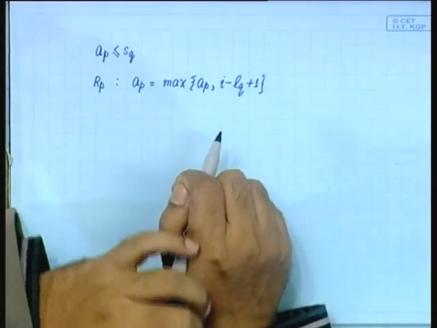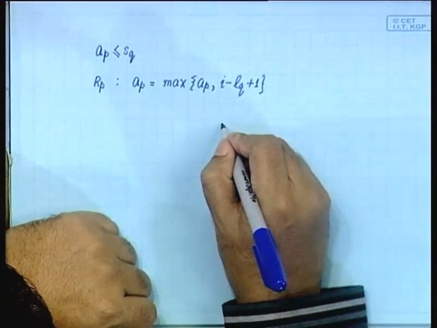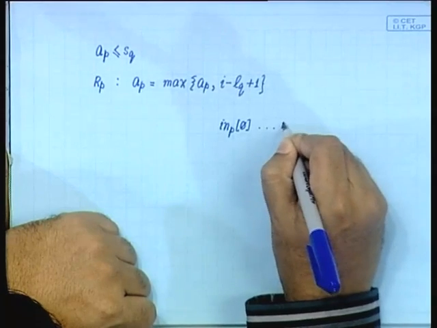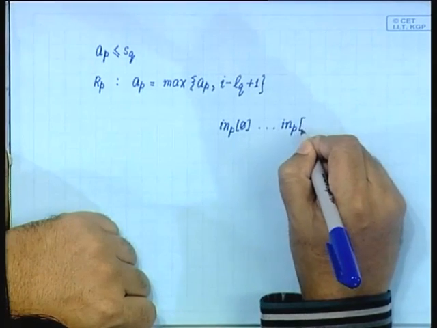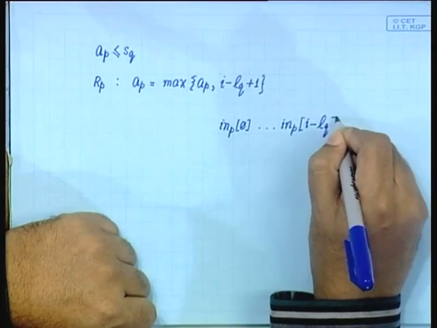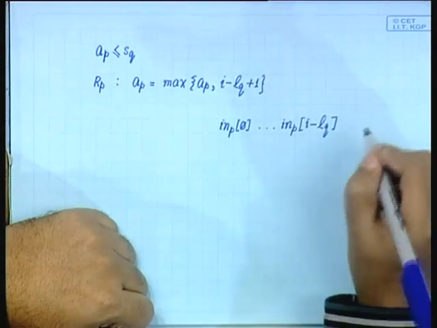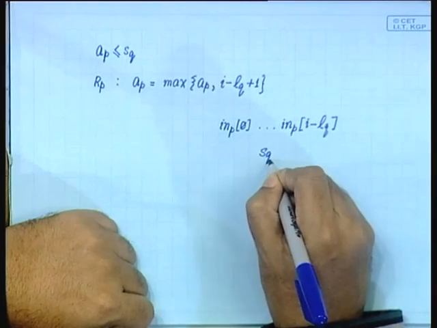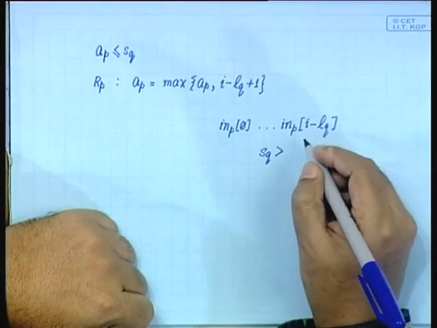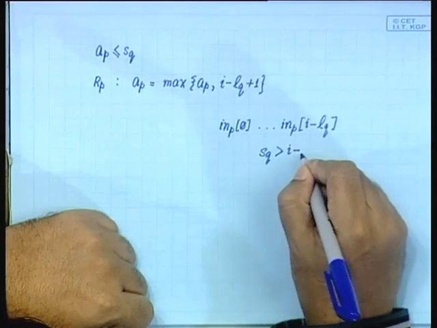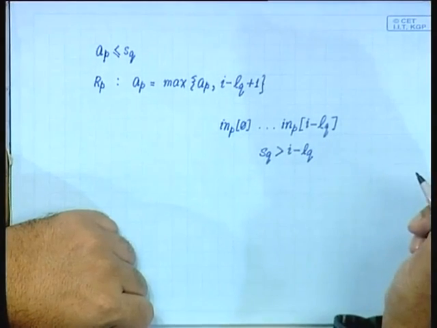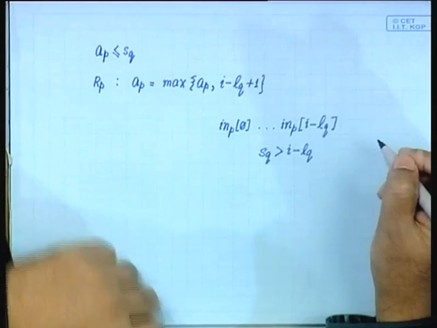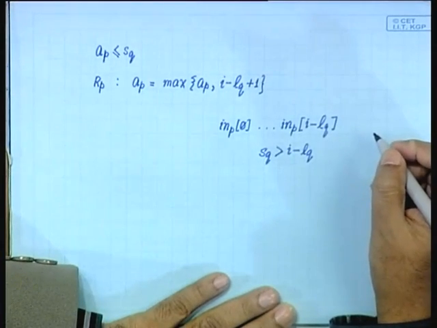So this tells us that all packets from in P0 through in P I minus LQ have been received. So that means that SQ is greater than I minus LQ, right. Okay.